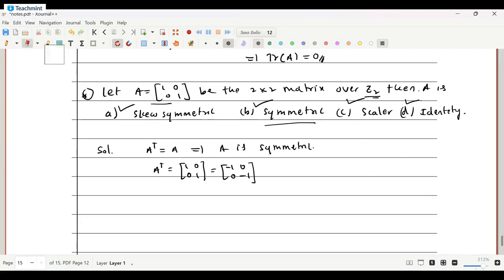Or minus 1 is congruent to 1 modulo 2; 1 and minus 1 both are the same. So 1 equal to minus 1 with respect to modulo 2. So therefore, it can be written as minus of [[1, 0], [0, 1]], which is equal to minus A. Therefore, A is skew symmetric.